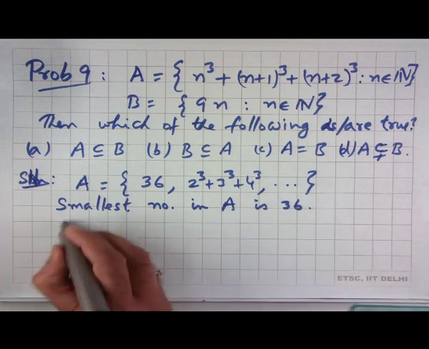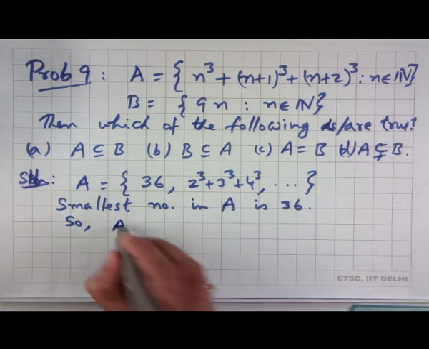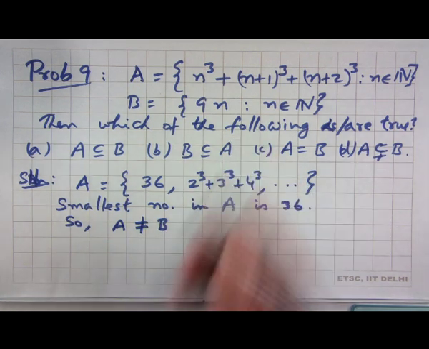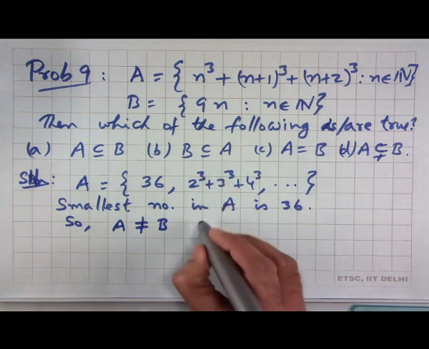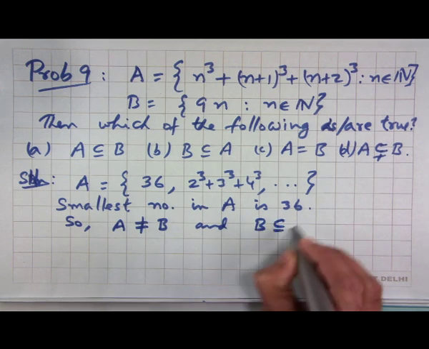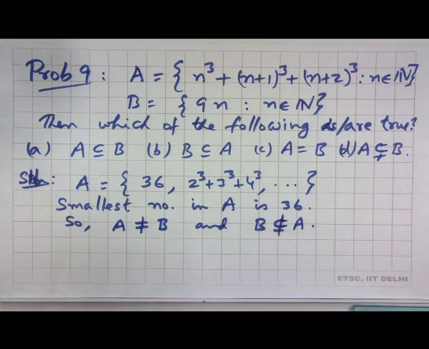So, A is not equal to B, because B contains 9 which is not in A. Also, B is not a subset of A. So, B and C are false.